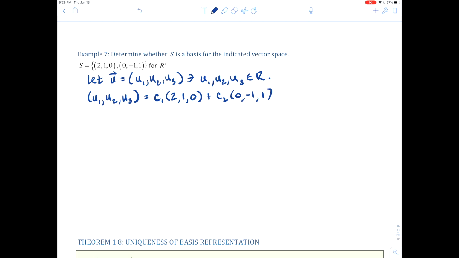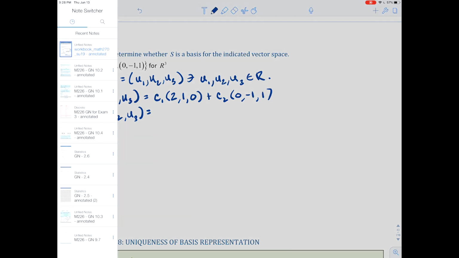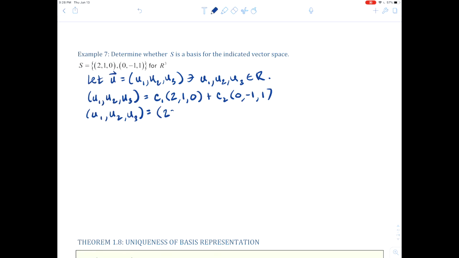Cool, cool. Well, we would have that vector in component form equal to the vector 2C1 for the first component, C1 minus C2 for the second component, and then C2 for the third component. Cool, cool?